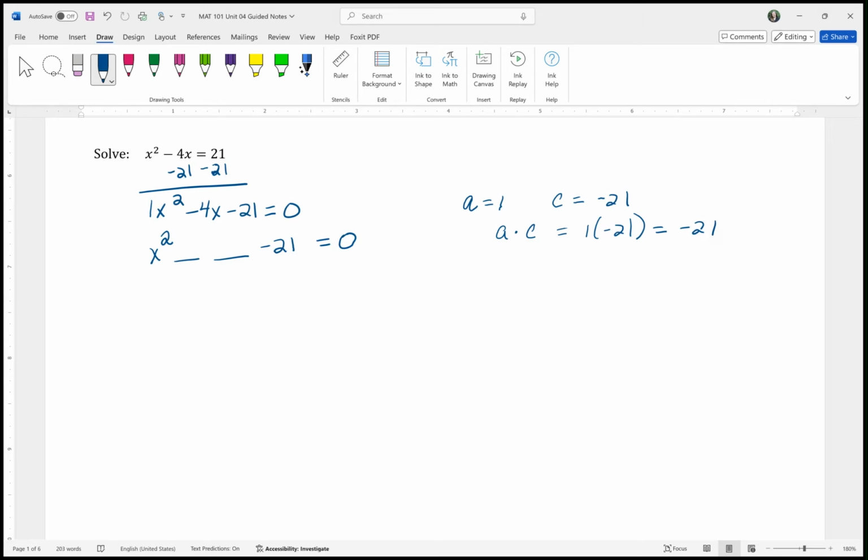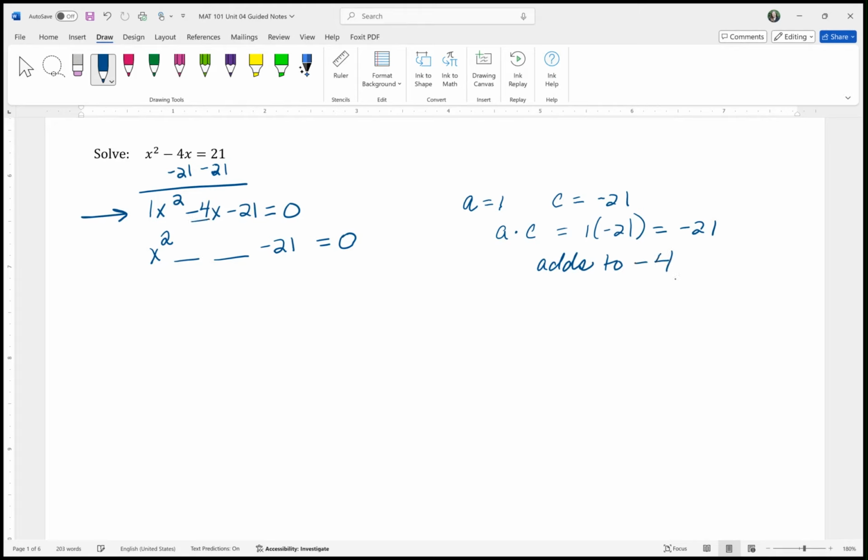Okay? Now, what's our sentence we're saying to ourselves? We're saying what multiplies to -21 and adds to B. B in this problem is, again, we're looking here, not at the problem itself. We want to look at it where it's equal 0. So our B here is -4.